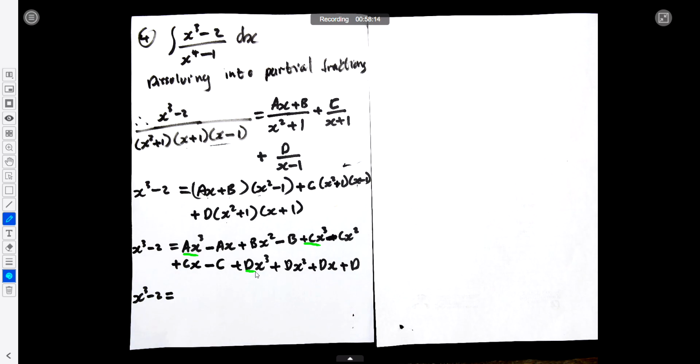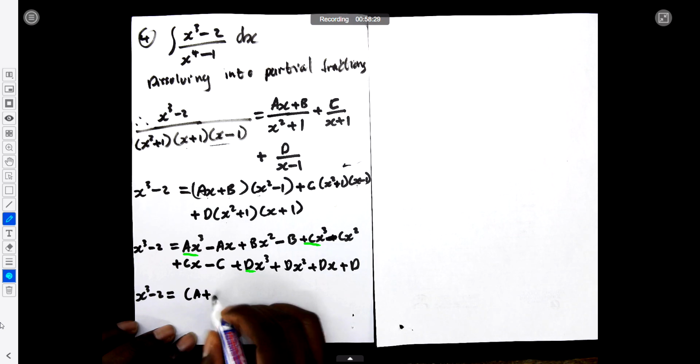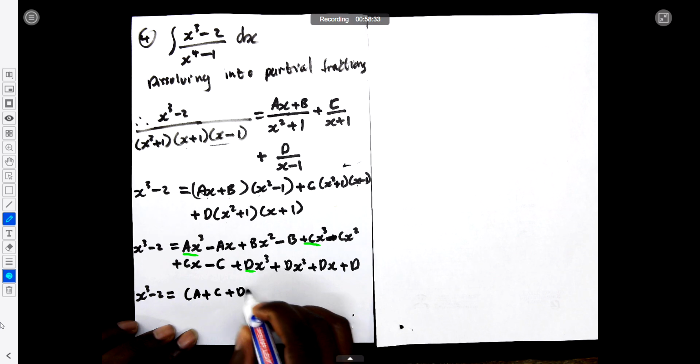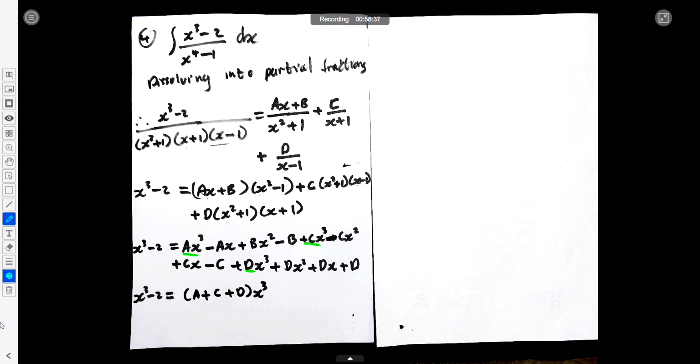So B doesn't have a cube here. So we are grouping them together, A plus C and D, to the power of 3, isn't it?